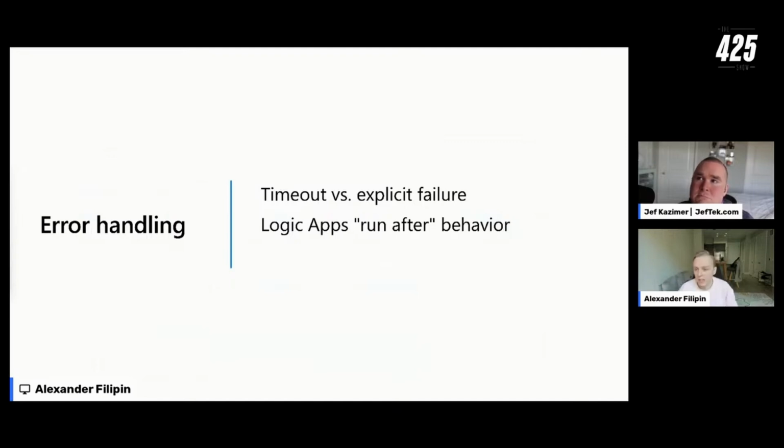And then there's a second pattern that you can use in logic apps itself. It has a lot of error handling, right? If you have a connector and you make that call to Salesforce, ServiceNow, etc., and you get an error back, you can handle that in logic apps, and you can explicitly send the failure back to entitlement management or lifecycle workflows and say, hey, I need this to stop because this process ran into an error that I cannot resolve right now. The logic app is running unattended.